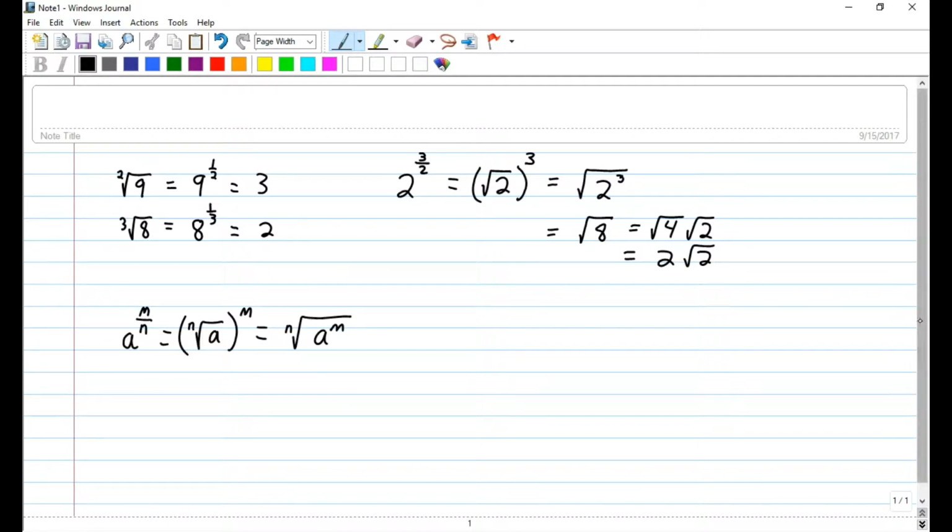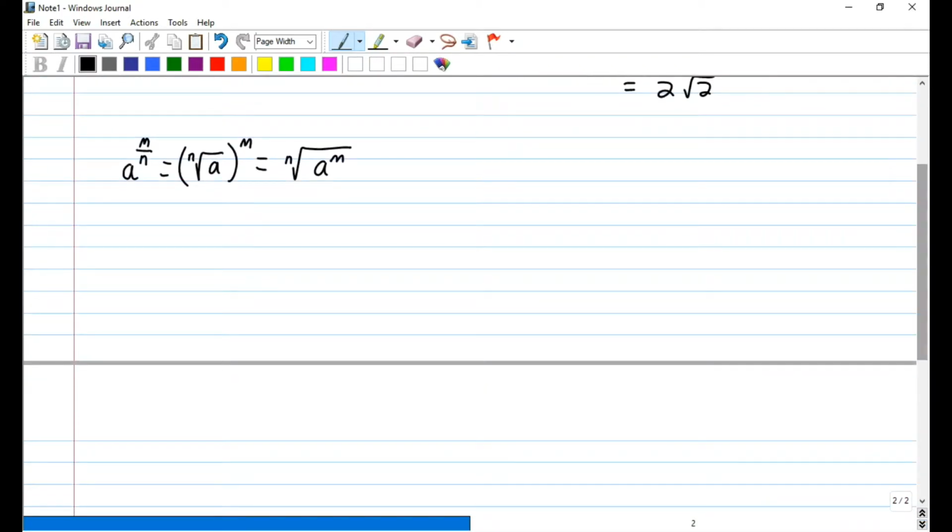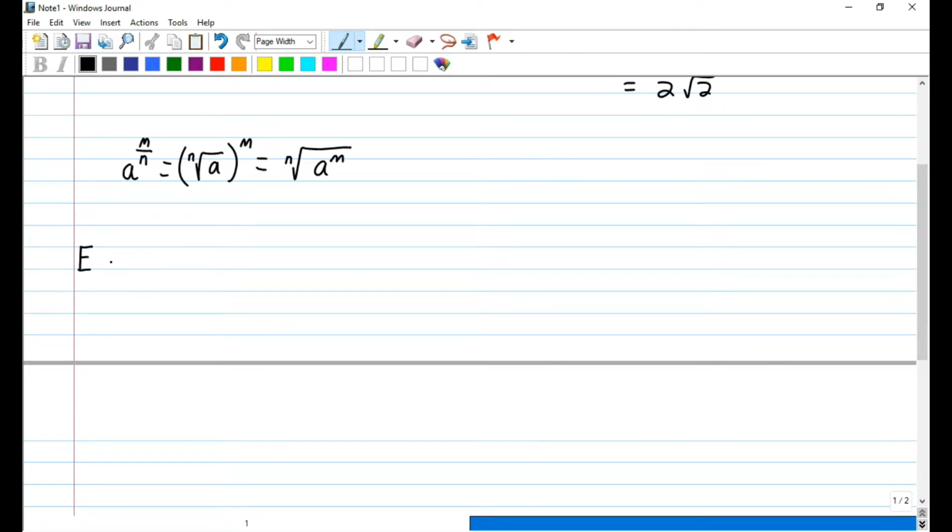Alright, so what will the equations look like that we need to solve? Well, we're going to have two types of equations that we're going to solve.